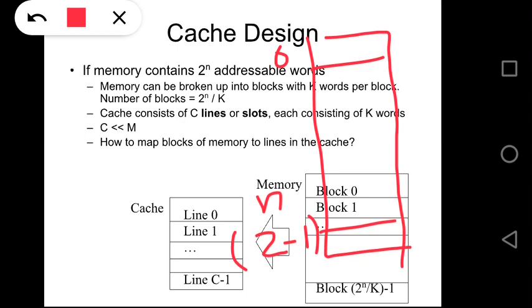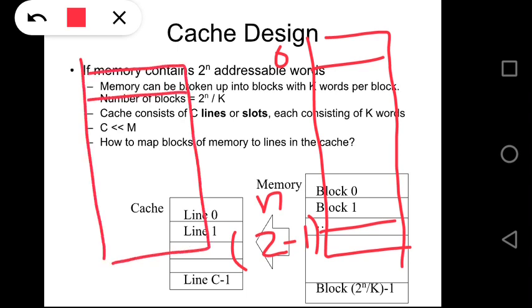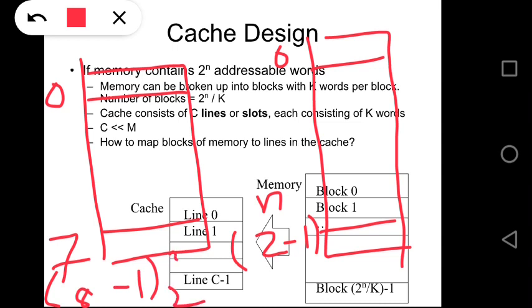See, in the previous example, if the memory is divided into 8 different memory locations, 0 to 7, 7 can be written as 8 minus 1, and 8 means 2 power 3, so 2 power 3 minus 1. Similarly, just replace 3 with n, and instead of 2 power 3 minus 1, you get 2 power n minus 1. So when someone says the memory is divided into 2 power n words, you should assume this figure: 0 to 2 power n minus 1 words.